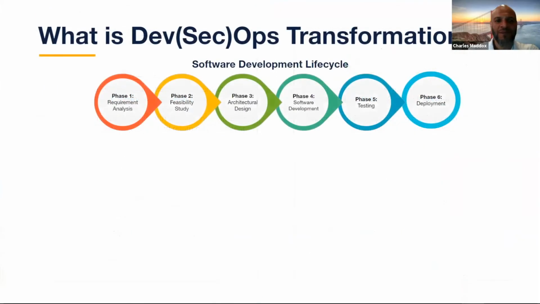So what is a DevSecOps transformation? As we know, if anybody has been doing large scale enterprise level software development for at least the last 10 to 20 years, you've probably heard of the waterfall process, where different stages of the software development lifecycle are very clear and explicit, and a gated process might even be in place.